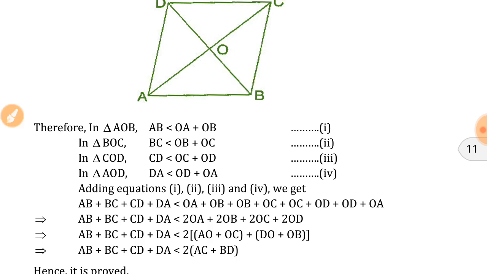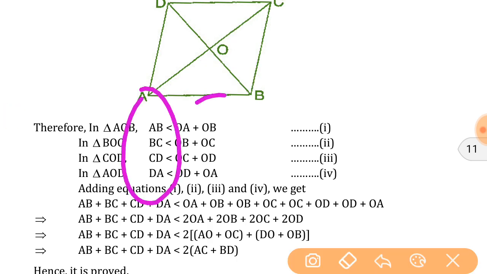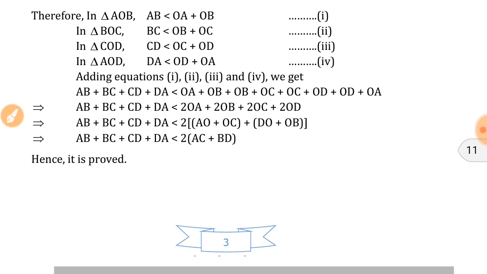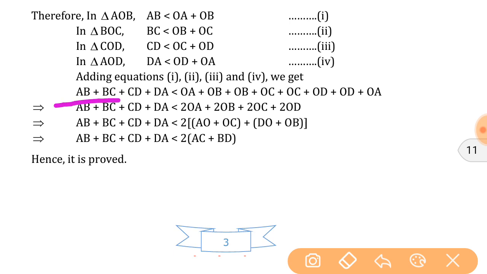So if this is the case, what happens? Add left hand side once, right hand side once. Adding all these, AB plus BC plus CD plus DA is OA plus OB plus OD, OB, OC, OC, OD, OD, OA. That will come as 2 OA, 2 OB, 2 OC, 2 OD.